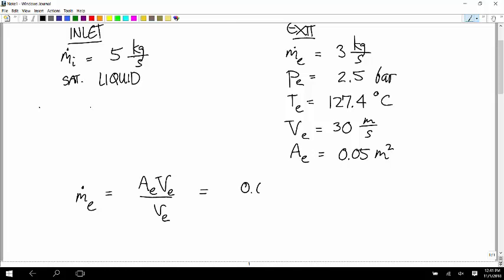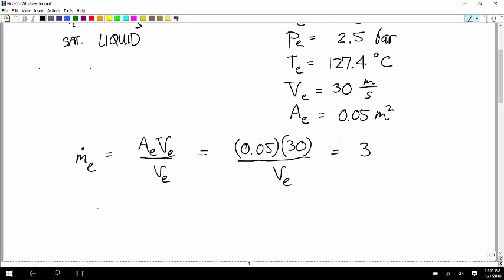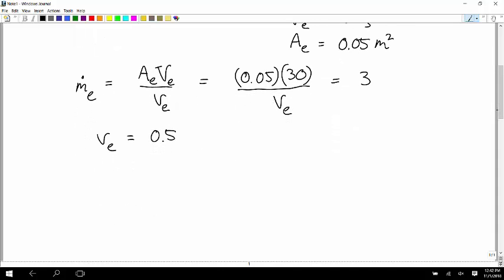So we have 0.05 times 30 divided by the specific volume is equal to 3. And so that tells us that the specific volume at the exit is 0.5. And then we know everything we need to look up the specific enthalpies at the exit.